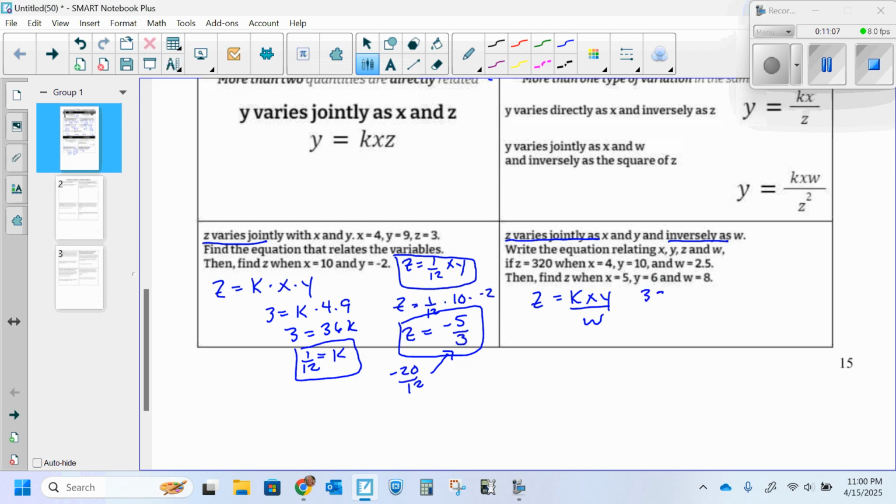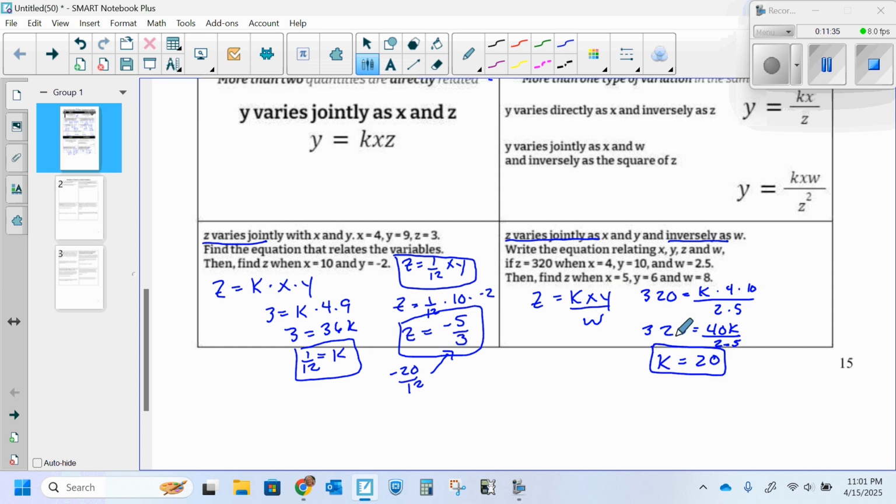Z is 320, X is 4, Y is 10, all over 2.5. Throw that in your calculator. Multiply by 2.5, then divide by 40, and you get k to be 20.